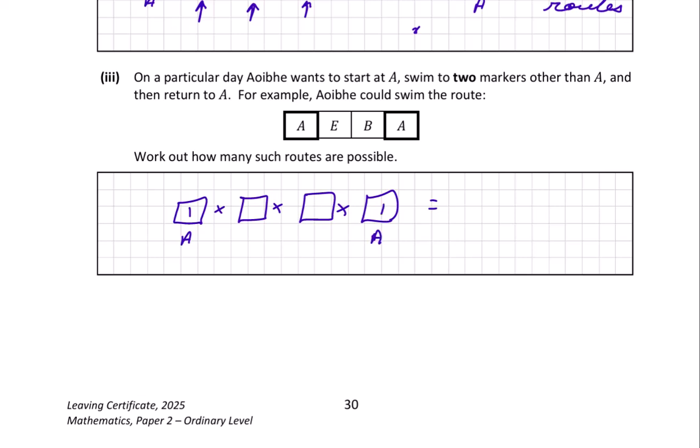So after she leaves A, she has 5 other choices for her second marker. And then once she's picked that one marker, she has 4 markers left to choose from there. So really there are 20 routes that she can choose. Okay, and that is it for this question and this paper.